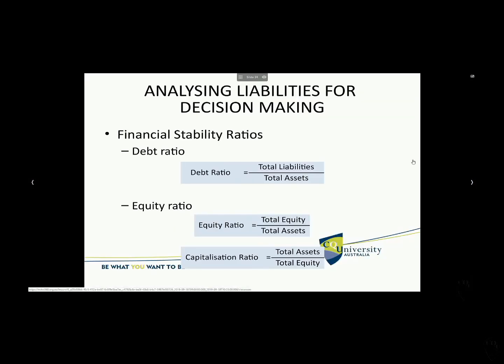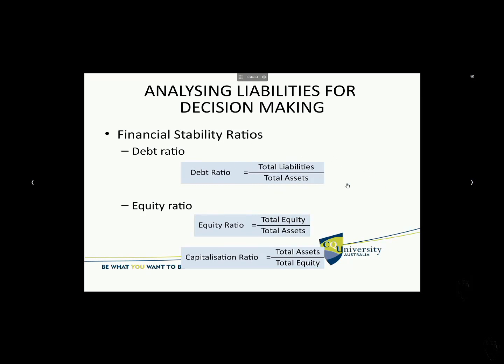Looking at the longer-term stability of a company, a couple of ratios I've looked at are the debt ratio. For every dollar of assets, how many dollars or parts of a dollar have been funded by liabilities, as opposed to equity, which is the equity ratio.